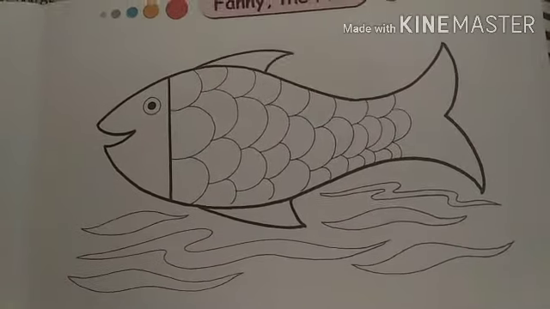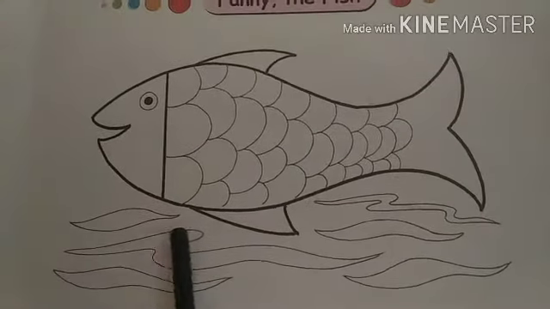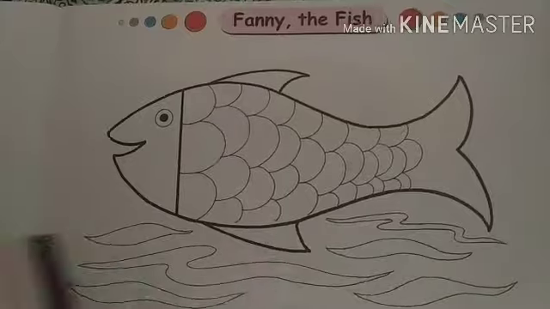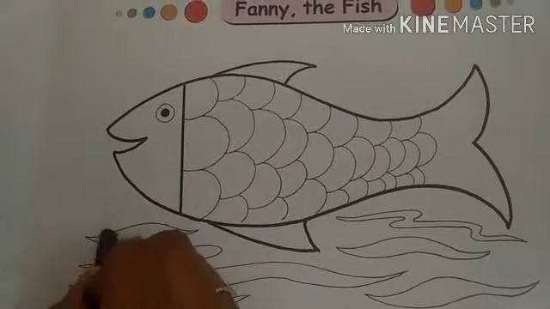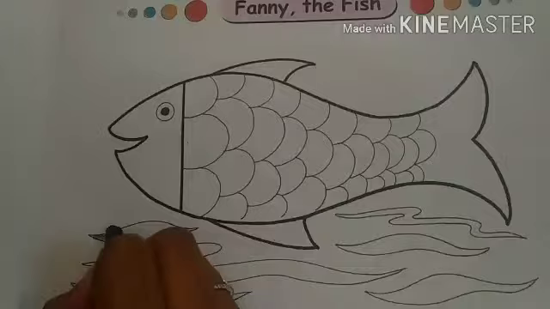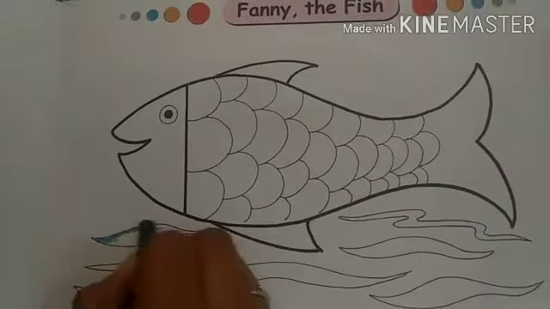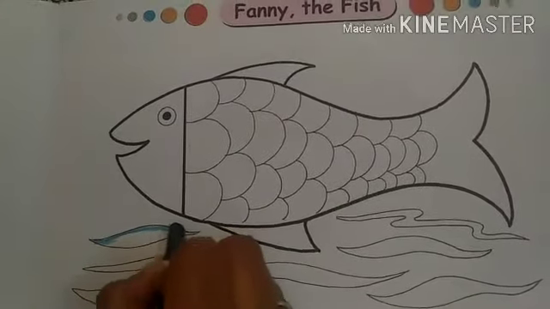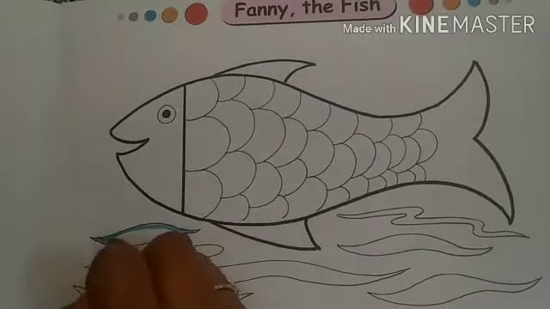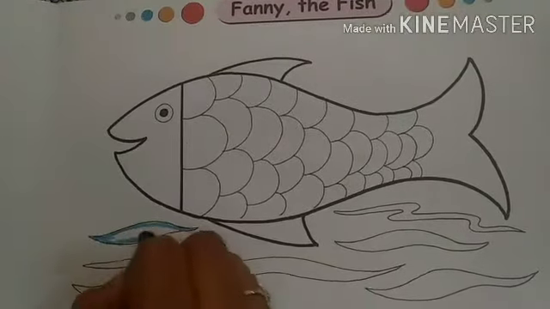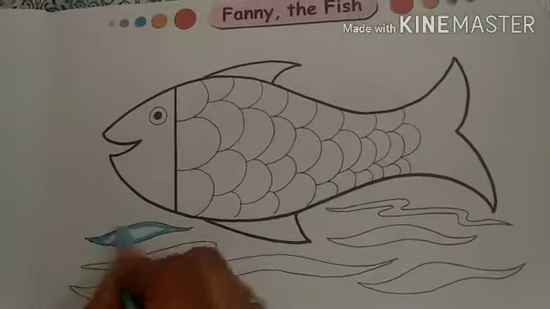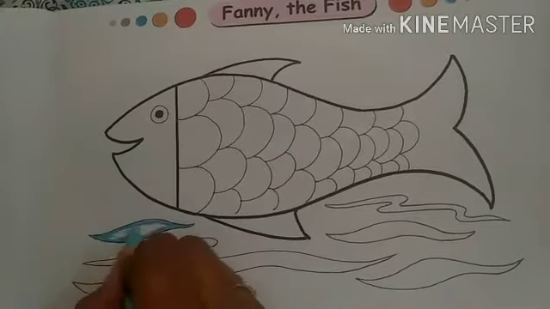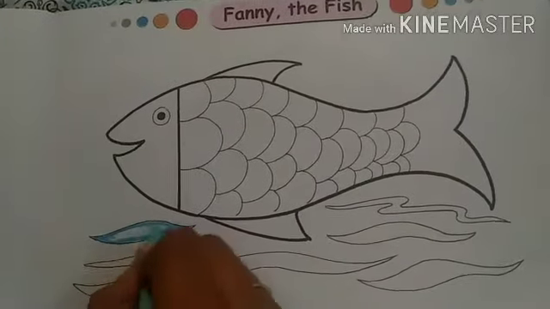So first of all, let us color the waves of the water. First, I will make the boundary of the water waves with dark blue, like this. And then I'm going to fill it with sky blue like this.